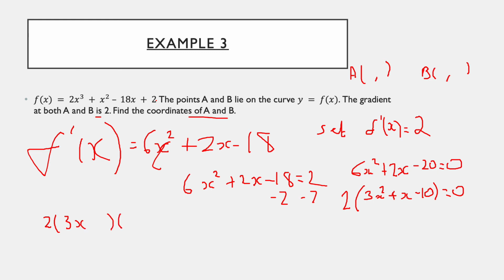So factorizing it, we should get 3x minus 5 and x plus 2, because 3x times positive 2 is positive 6x, minus 5x is positive 1x, and minus 5 times positive 2 is minus 10. So solving this now, guys, I'm going to get that x is 5/3 or x is negative 2.